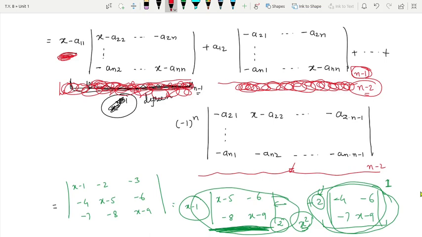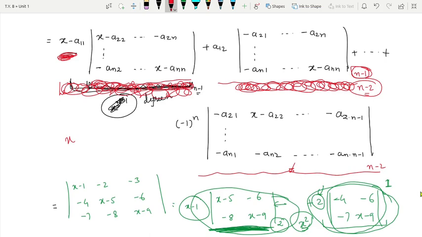So ultimately you are going to get a monic polynomial of degree n. Why a monic polynomial of degree n? Because the coefficients of x are 1 everywhere, and therefore when you solve it, whatever the highest power of x is going to be there, it is going to appear only once.